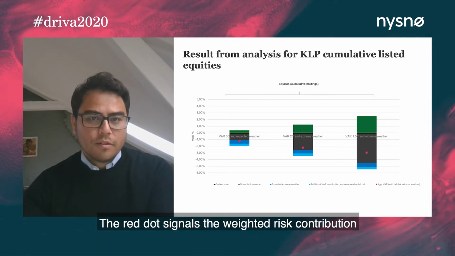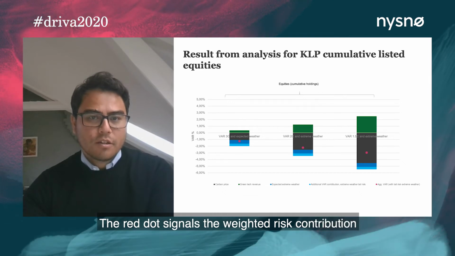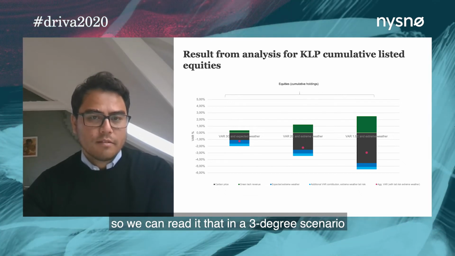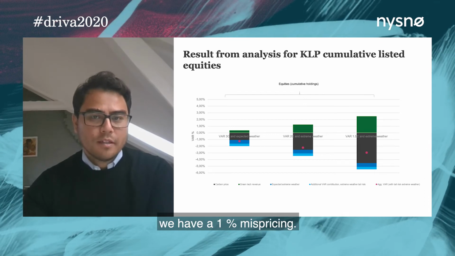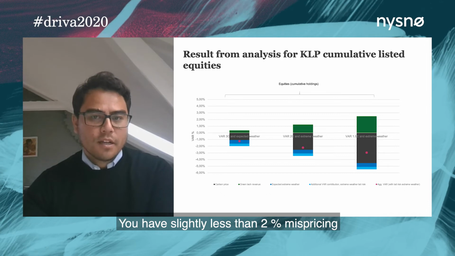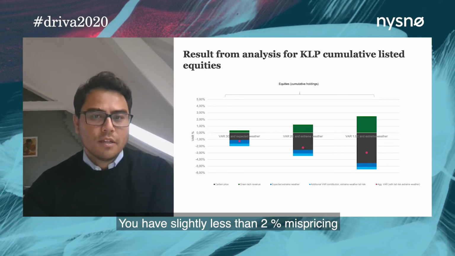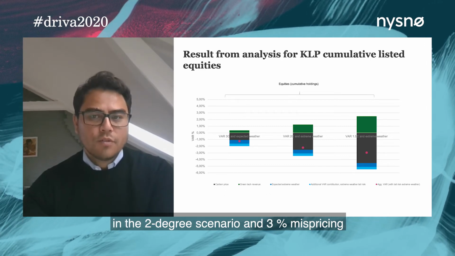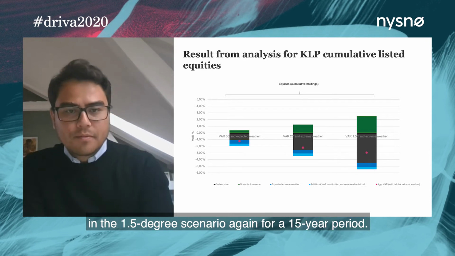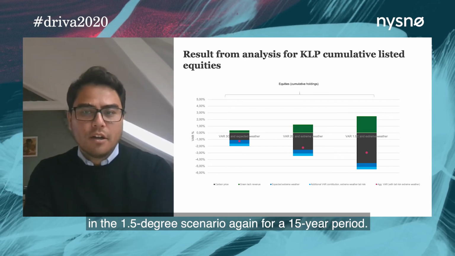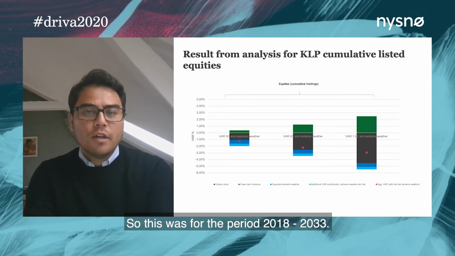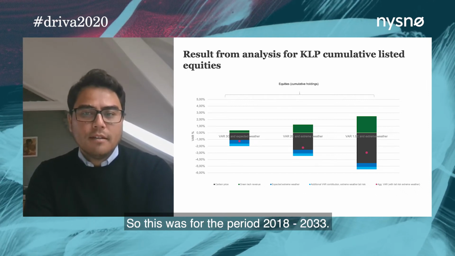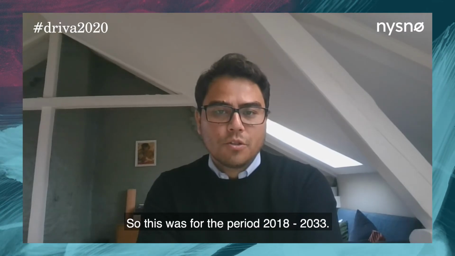The red dot signals the weighted risk contribution, so we can read that in the 3-degree scenario we have a 1% mispricing. We have slightly less than 2% mispricing in the 2-degree scenario, and a 3% mispricing in the 1.5-degree scenario, again for a 15-year period. So this was for the period 2018 to 2033.